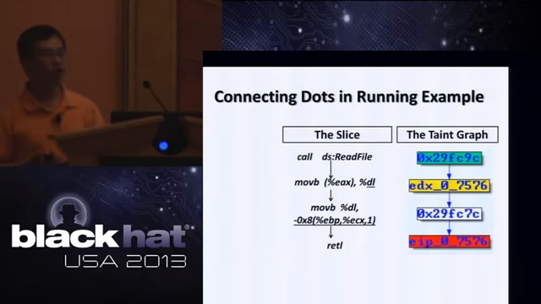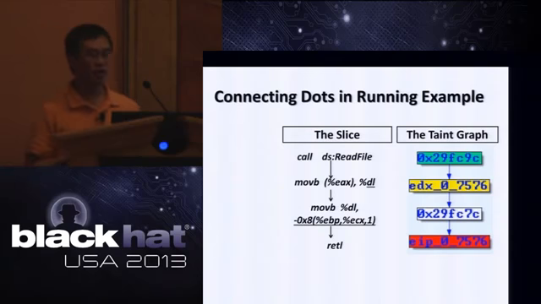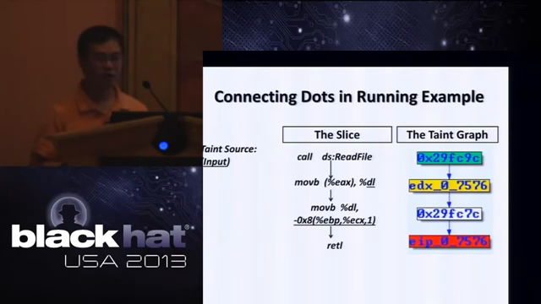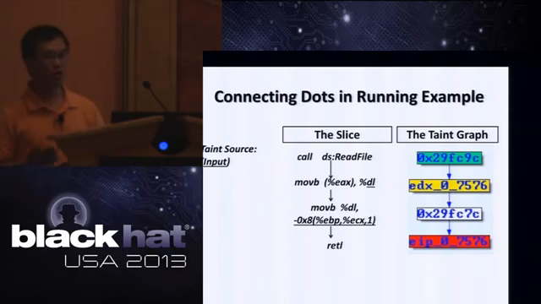So back to our running example, let's look at this shorter example. We have the taint source. That's the data we read from this instruction, read file. And on the right side, you see the taint graph.